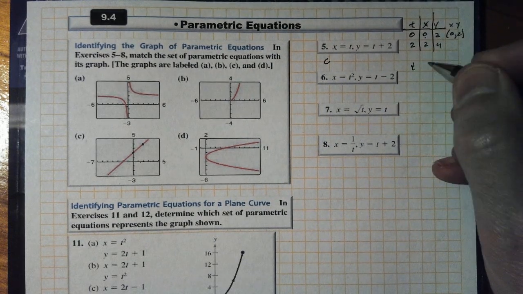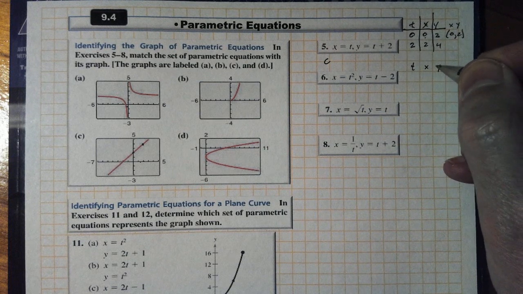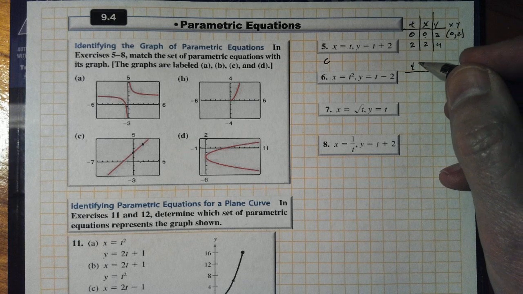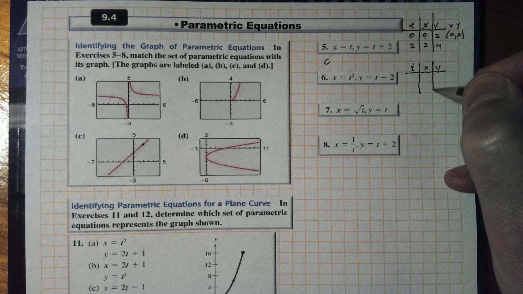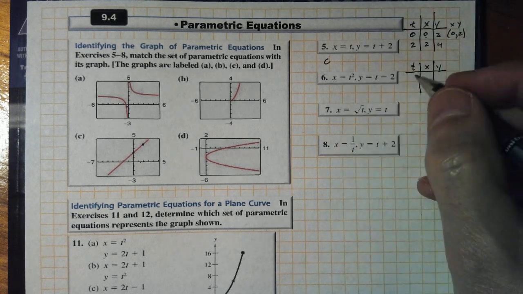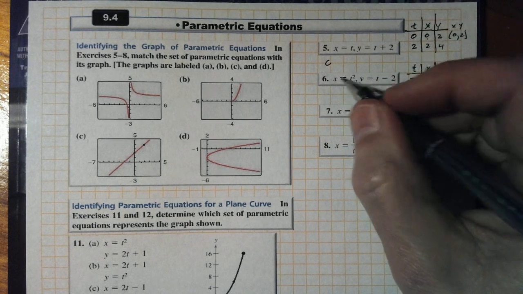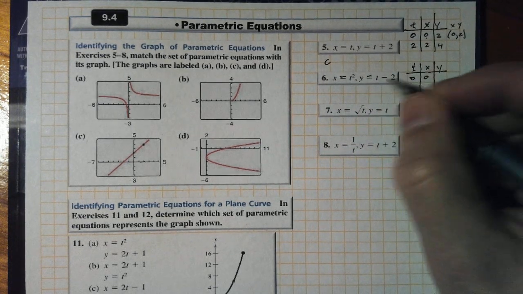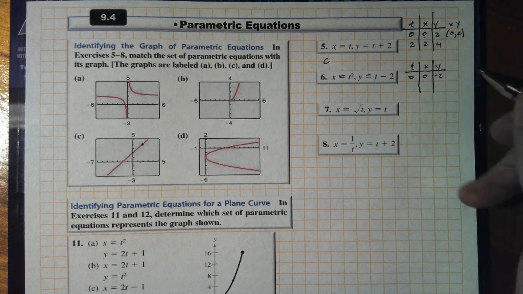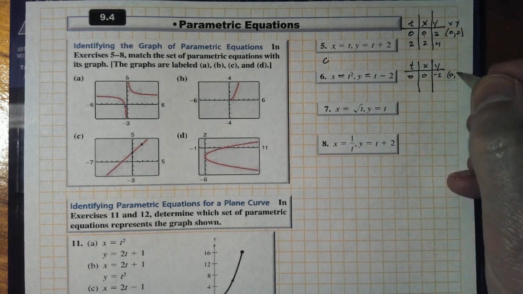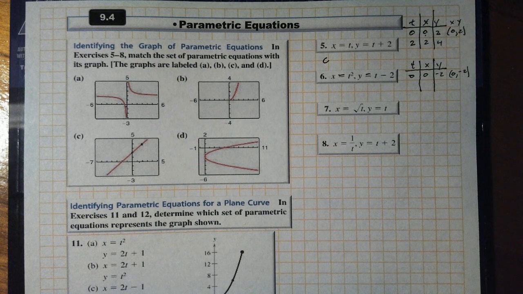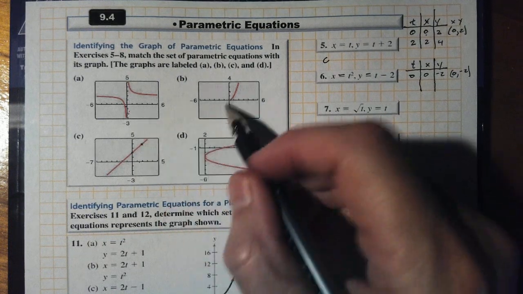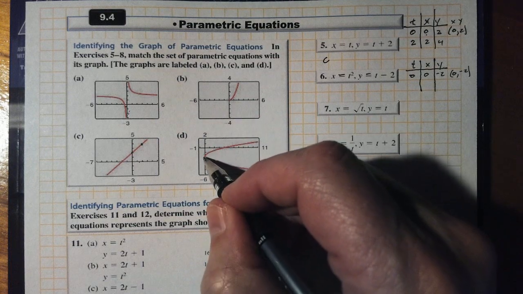Number 6. Let's choose t, x, y, and I would propose that perhaps many of you would be comfortable doing this in your head. But if t is 0, I get x is 0 squared, 0. y is 0 minus 2, negative 2. Ordered pair (0, -2). (0, -2), close, but it's not on there. (0, -2), nope. (0, -2), yep.